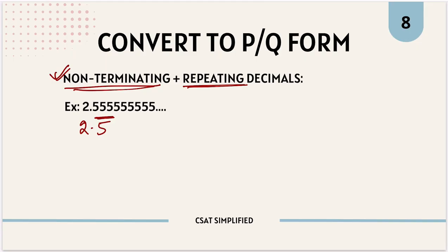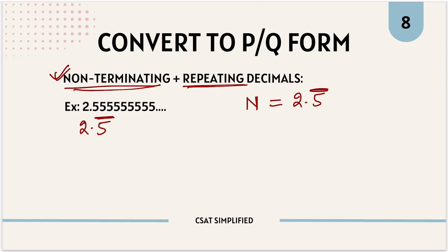So now let's see this example. How to convert this into a P by Q form. So first step is, take a variable n and equate it: n is equal to 2.5 bar. I hope it is clear.